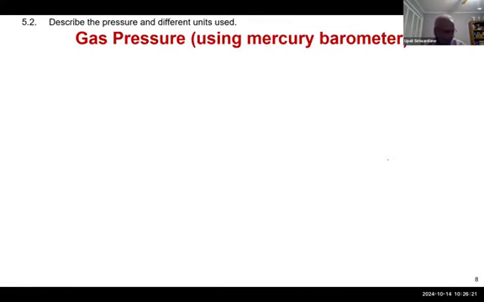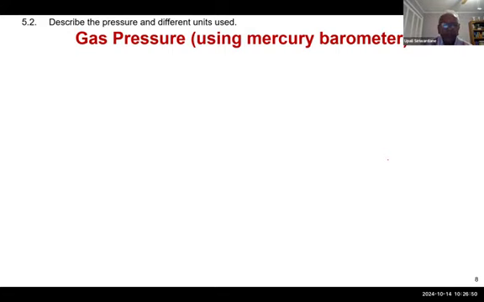All right, we looked at some of the properties of the three states of matter. Now we're going to go into details of the gaseous state. Gaseous states show pressure.